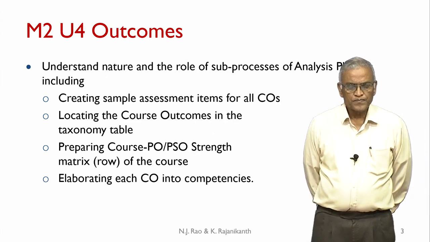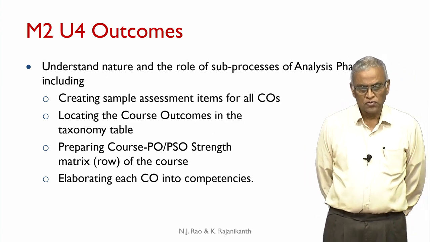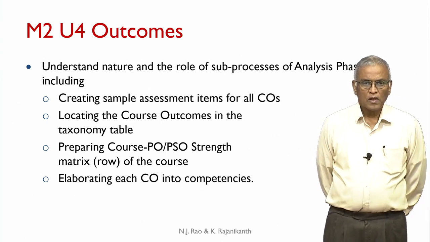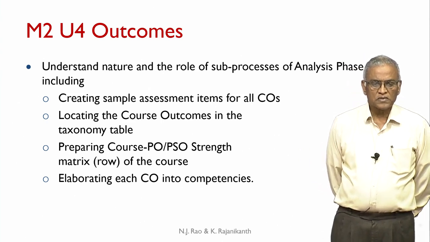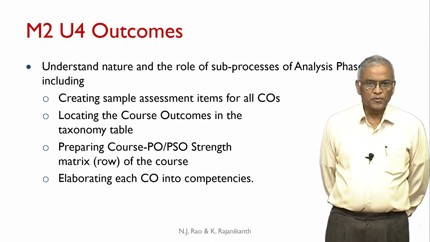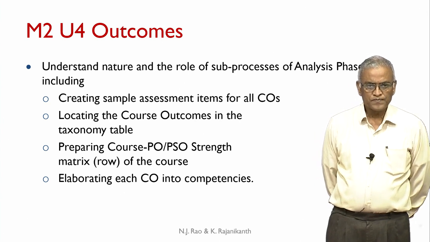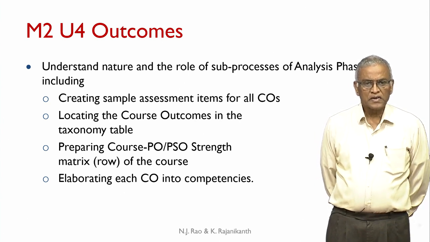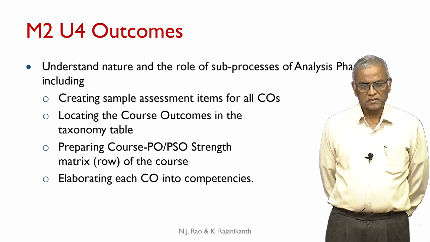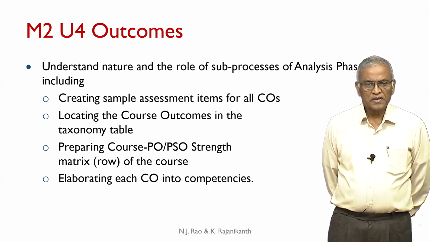These include creating sample assessment items for all COs, locating the course outcomes in the taxonomy table, preparing the course PO-PSO strength matrix of the course, and elaborating each CO into competencies. These are the remaining sub-processes.